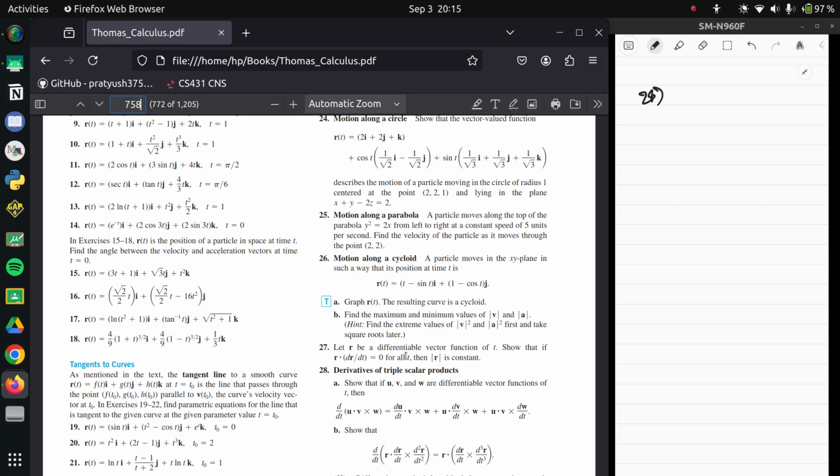Can't be, right? If this is lying in the plane, then the center should also lie in that plane. But the center clearly does not. Oh, it does, sorry, it's 4 minus 2. Sure, okay, so the center is there.